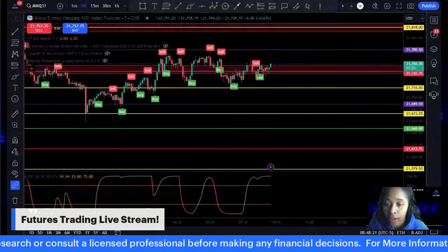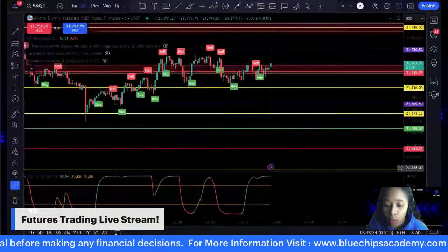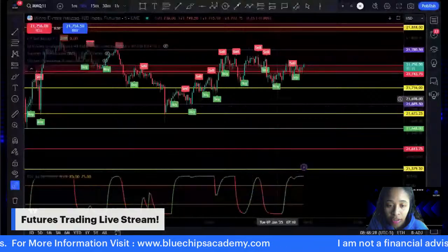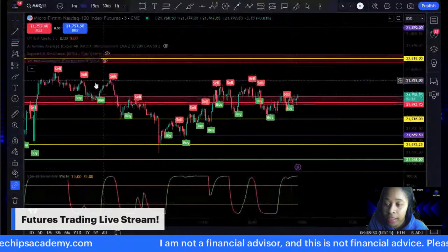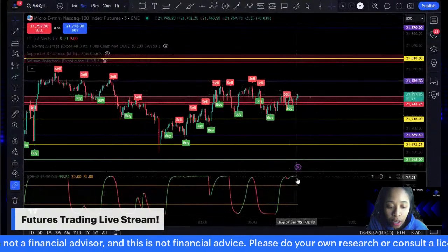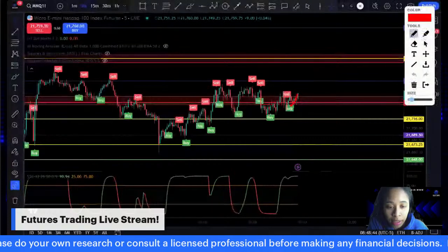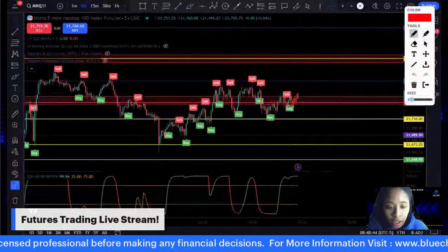At the end of the day, when we're looking at these indicators, these are just an extra layer of confluence. But if you understand key levels and why they're so important, that helps you make informed decisions. So the fact that we're waiting for price to come down to this oversold area, what I would like to see is for price to come up to this area here and retest.